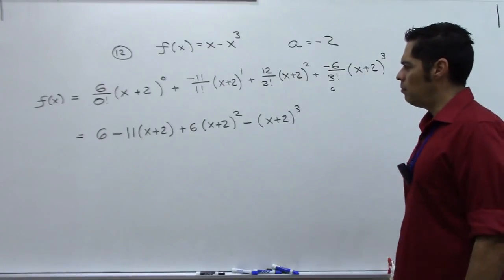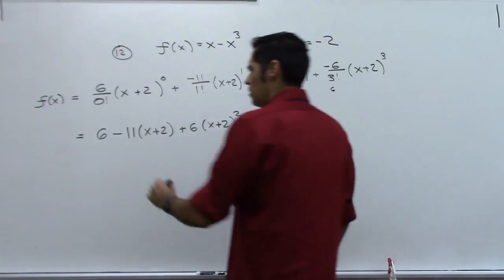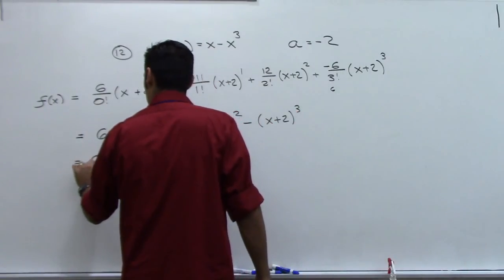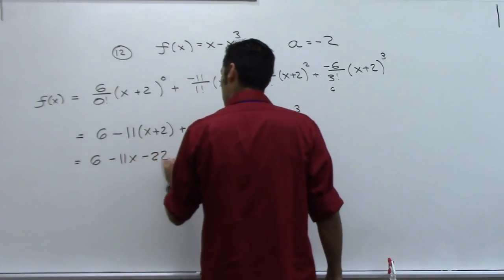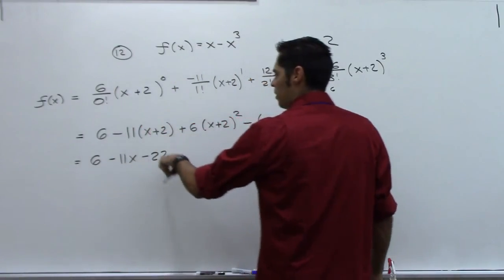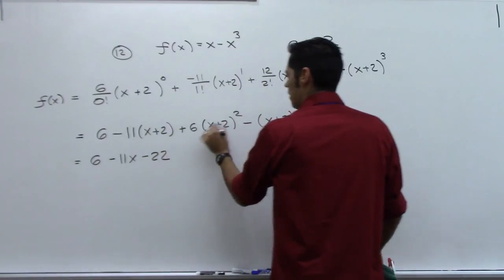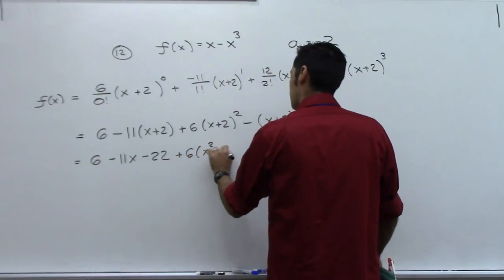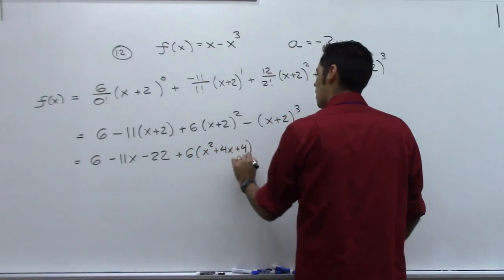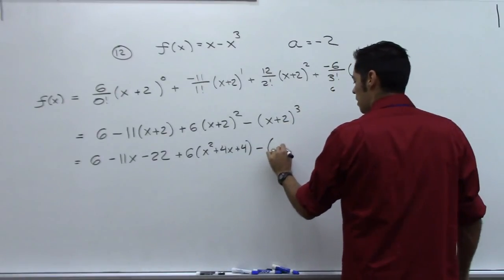So, I mean, what is this thing? What does this represent? Let me do something here. I'm done, but let me show you something. Okay, so I'm distributing. Here I'm going to square this: x squared plus 4x plus 4. Still have to distribute negative 6 through. I'm going to expand this out.